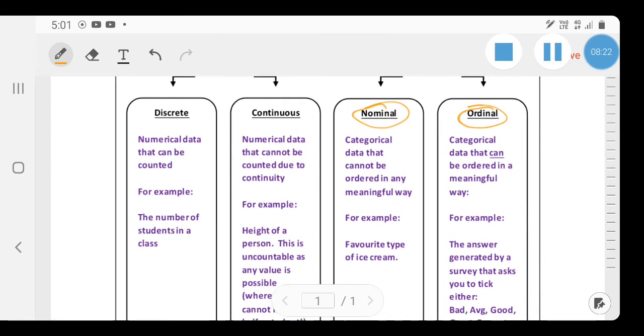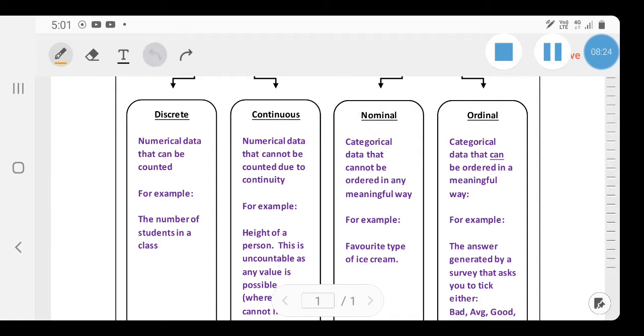Now, students tend to find these four subcategories really confusing. And to be honest, so do teachers. And quite often when you're confused, you're confused because you look in the answers to the textbook and it says it's ordinal when it should be nominal, or the other way around.